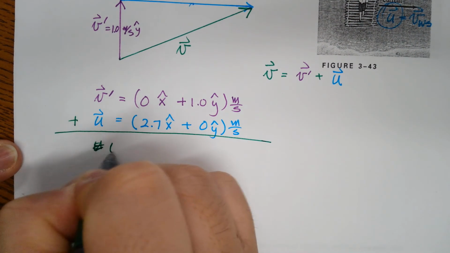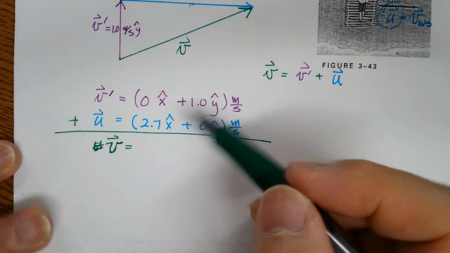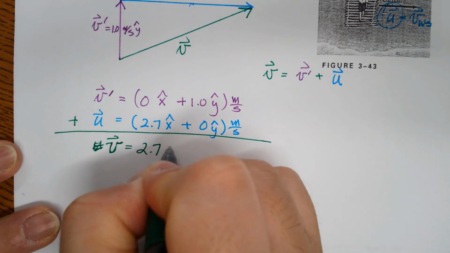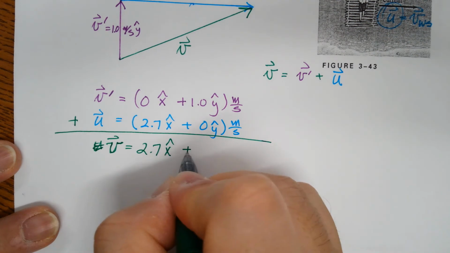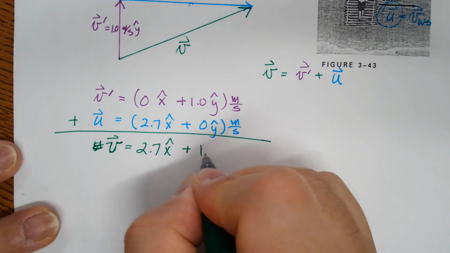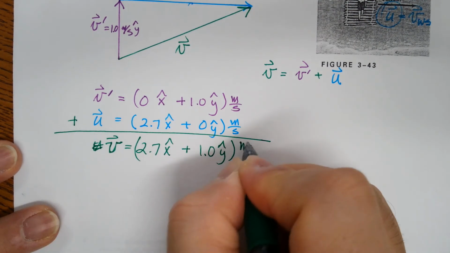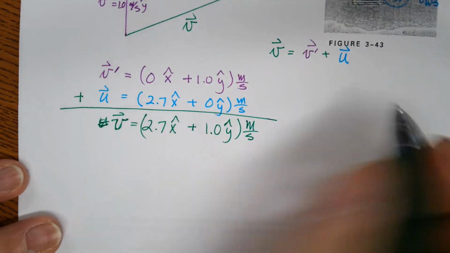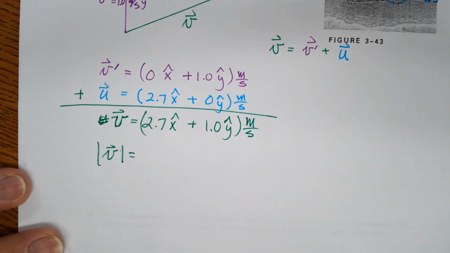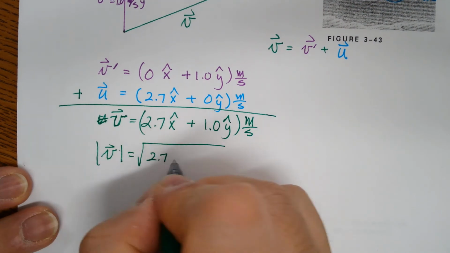My V is equal to V prime x plus Ux, which is 2.7 x hat, plus 1.0 plus 0 is just 1.0 y hat meters per second. So to find the magnitude of my V, the magnitude of my V is nothing more than the Pythagorean theorem.